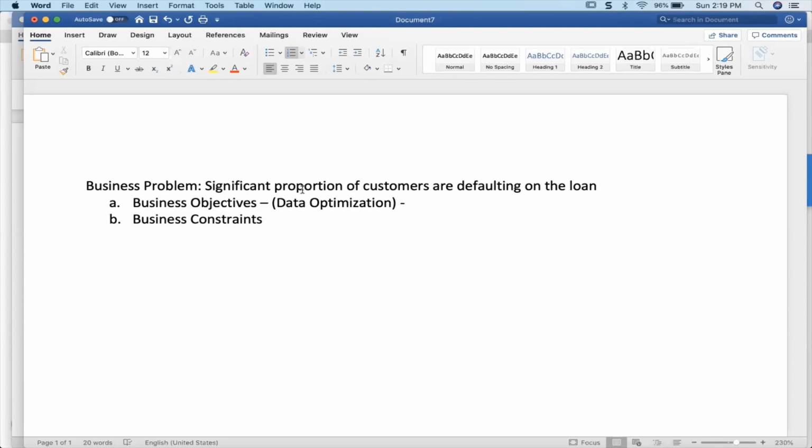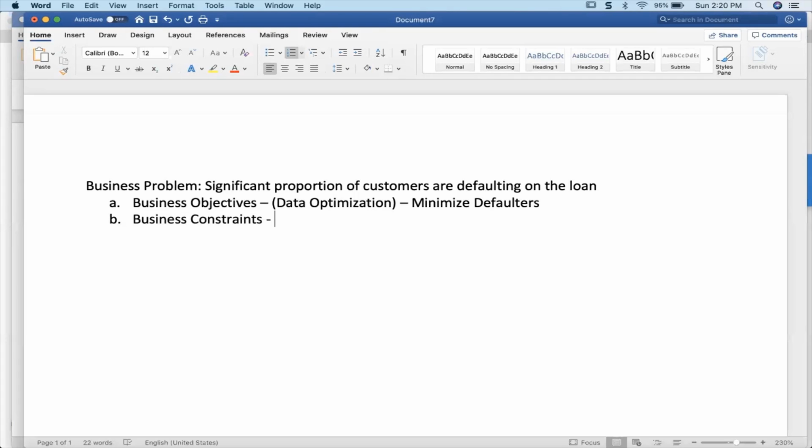Here, if a significant proportion of customers are taking the loan and they are not paying back, that is called people defaulting on the loan. And that's a problem which a bank is facing. Then what do you want to achieve? You want to minimize the number of defaulters. Simple. If you use the term minimize or maximize, it will become very simple for you to explain to the customers and also for your own team to understand what it is that you're trying to solve.